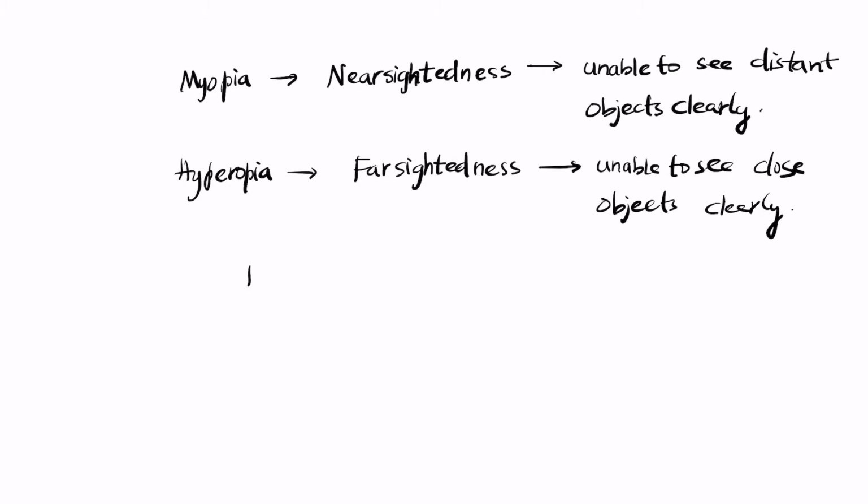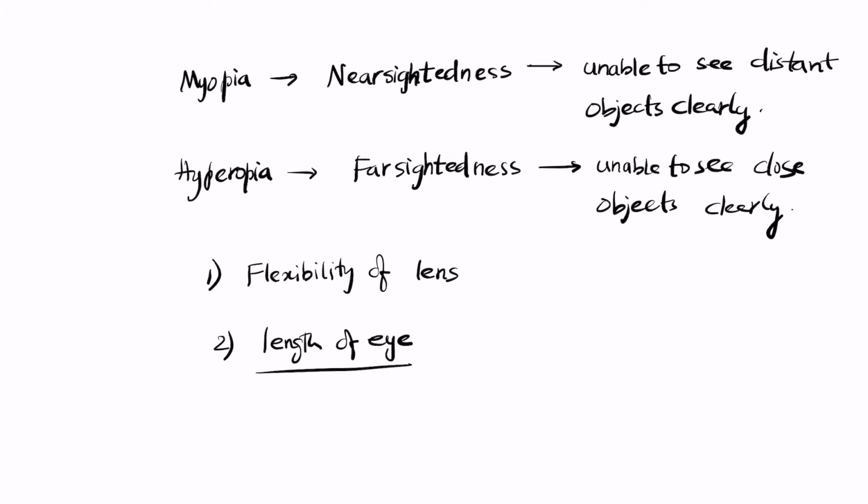One is the flexibility of the lens, and the second is the length of the eye, whether it is too short or too long. If the length of the eye is the main factor, the more common method that is done is using external lenses.